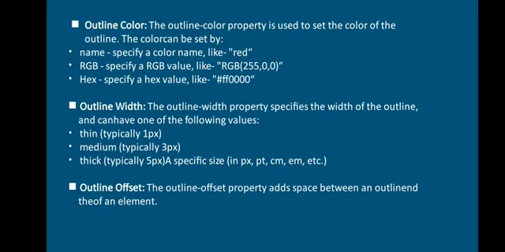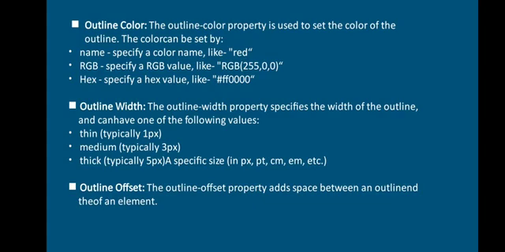Next is outline width, which specifies the thickness of the outline. Here it majorly has three common values: thin, medium or thick. Other than this, we can give a size in pixels or points or centimeters, etc. Thin, the default, displays the outline in 1 pixel width.